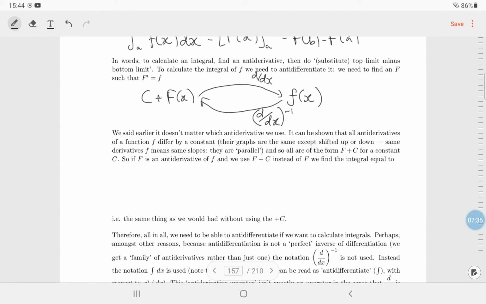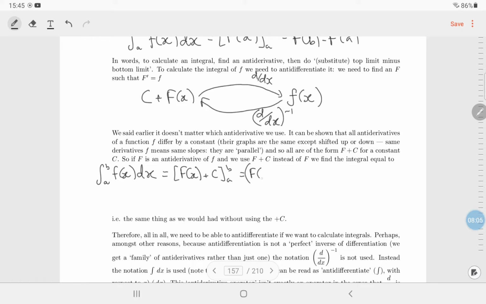So what if we use, instead of say x squared, we use x squared plus 2? Let's see what happens. Suppose we're integrating from a to b f of x dx, and suppose that big F is the antiderivative of little f, and suppose we use big F plus c. So you get F of x plus c from a to b, and you do top limit minus bottom limit.